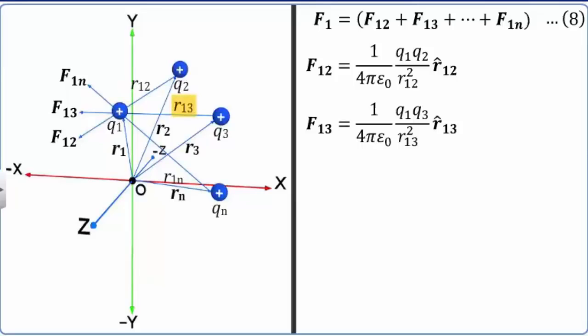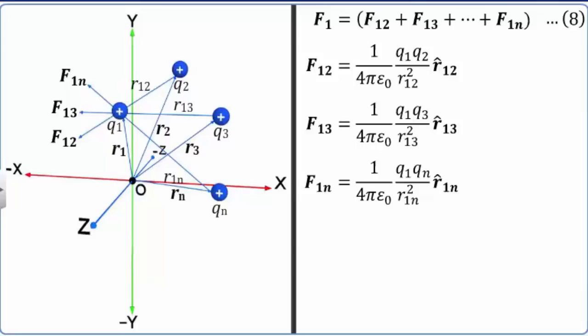R13 is the distance between Q1 and Q3, and R13 cap is the unit vector in the direction of the force F13. Proceeding in this manner, we obtain F1n is the force on the charge Q1 due to Qn and is equal to 1 by 4 pi epsilon naught Q1 Qn by R1n square into R1n cap.